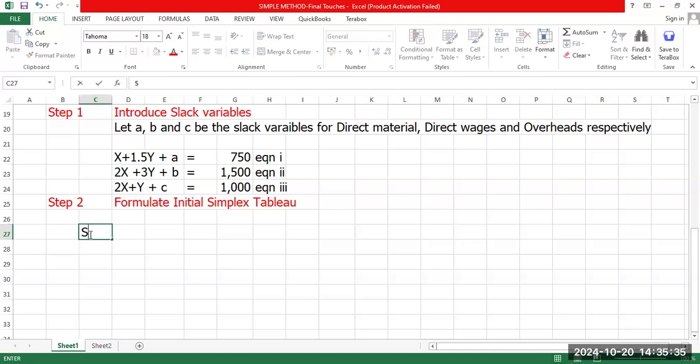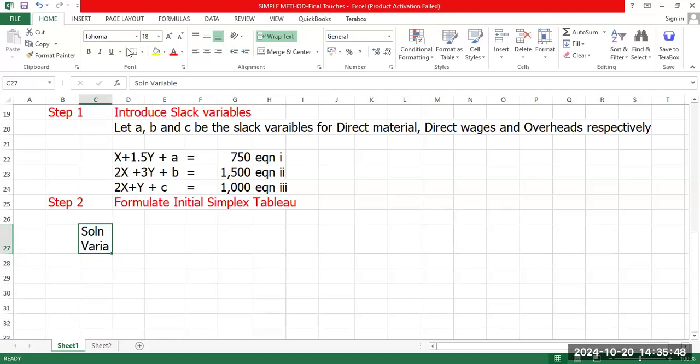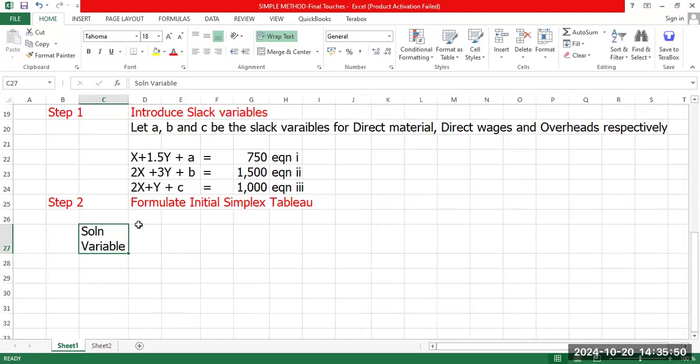The first column, you recall, we put solution variable. Then we put product variables.